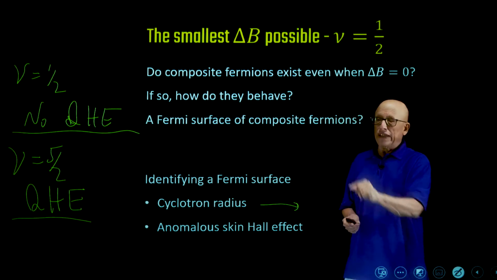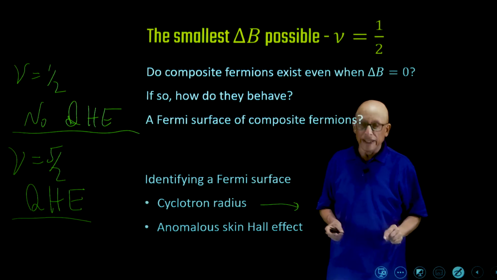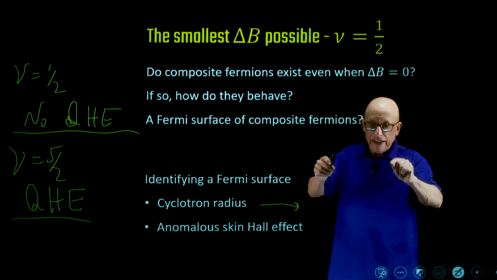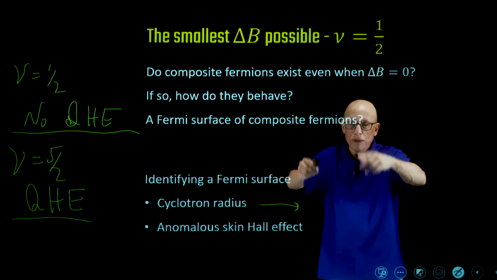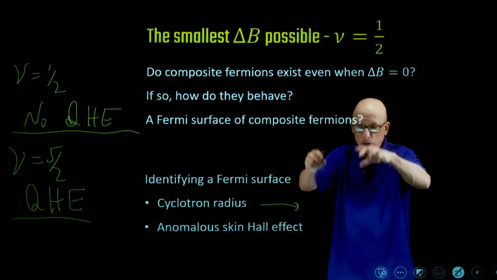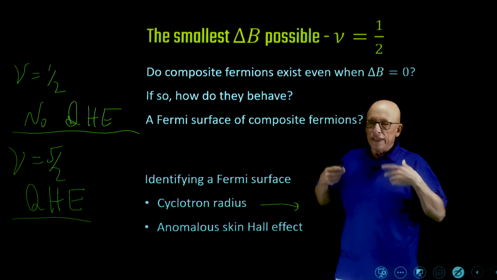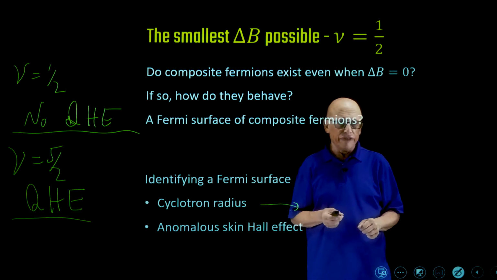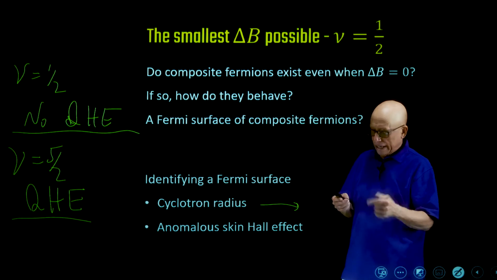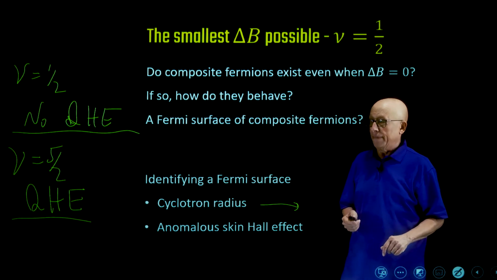The second one is what's known as the anomalous skin effect. This is something that's measured at 0 field, and that demonstrates the existence of a Fermi surface, and that's something I'd like to discuss in some detail.